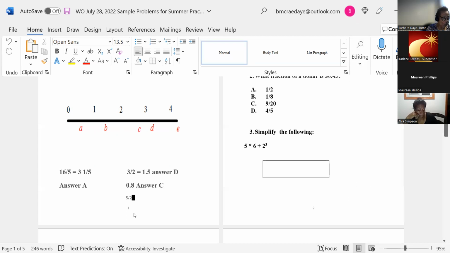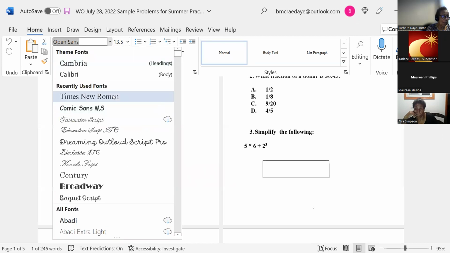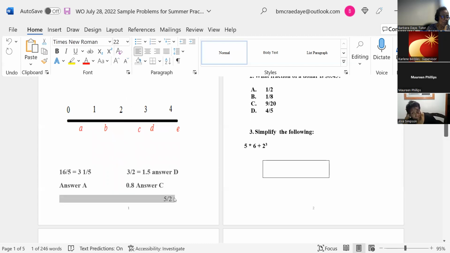Okay, make it bigger. All righty. What would be the answer for 5 halves?